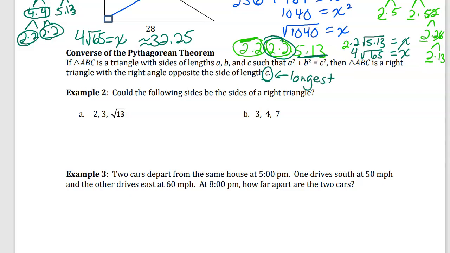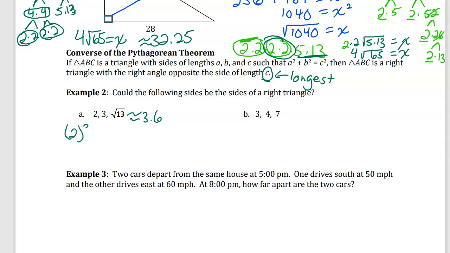Now remember what I said about c, it is always the longest side, that hypotenuse. So I want to see if these 3 sides could be a right triangle. Well, 2, 3, and square root of 13. I don't really know what square root of 13 is. Well, it's approximately 3.6. So it's my longest side.